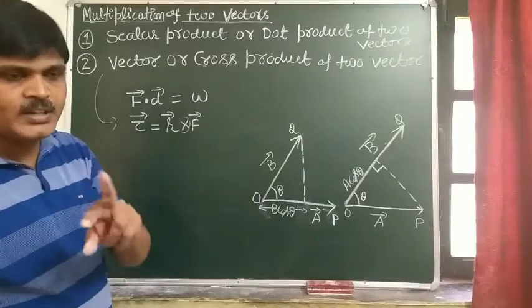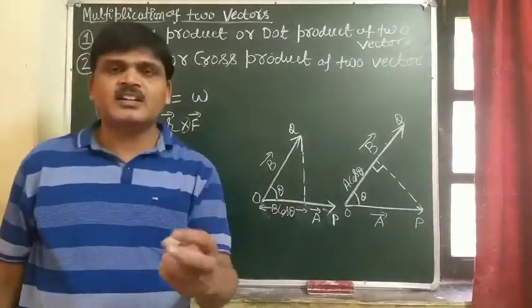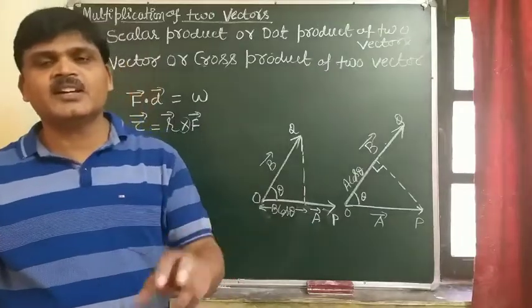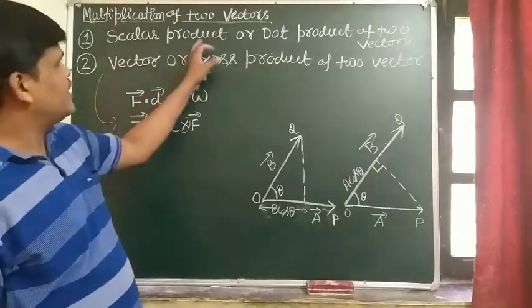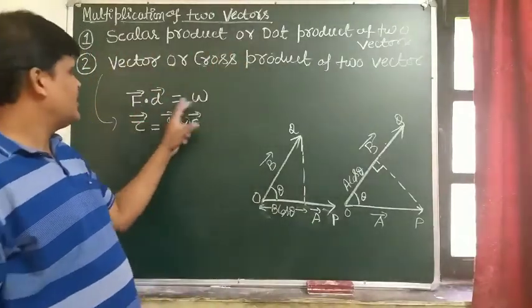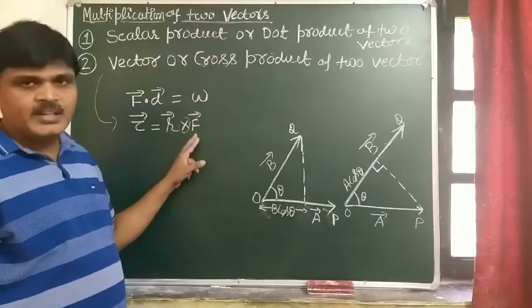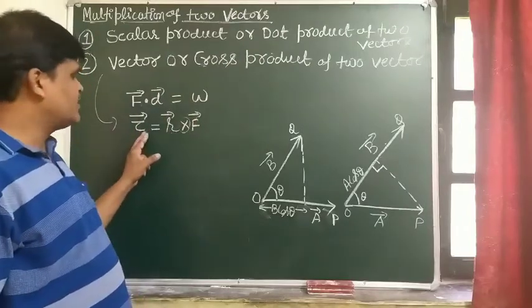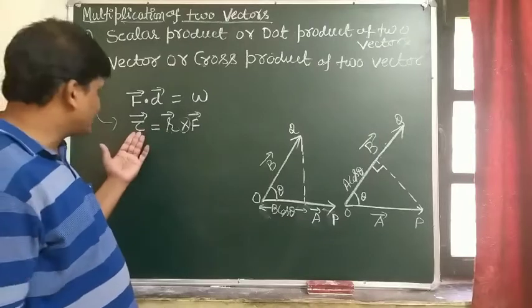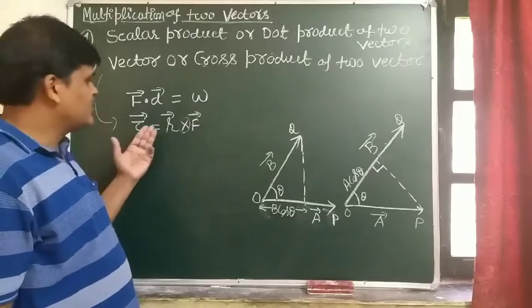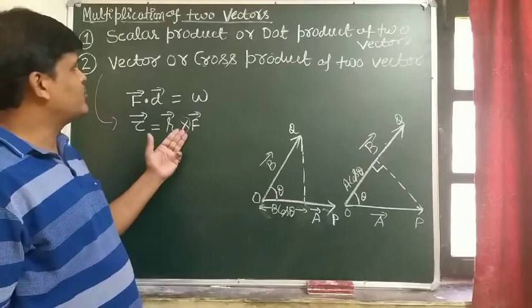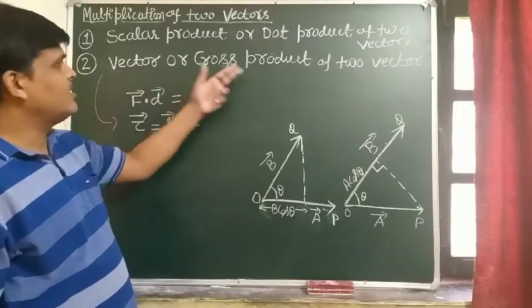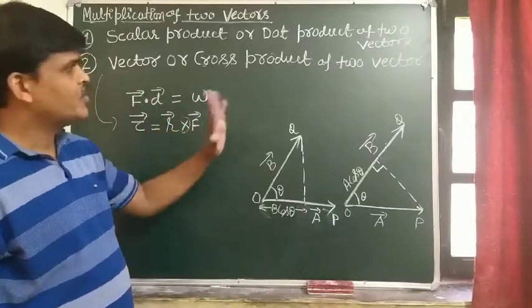If two vectors are multiplied and the resultant comes out to be a scalar, then it is scalar product or dot product. And if two vectors are multiplied and the result is a vector quantity, then such multiplication is said to be vector or cross product of two vectors.